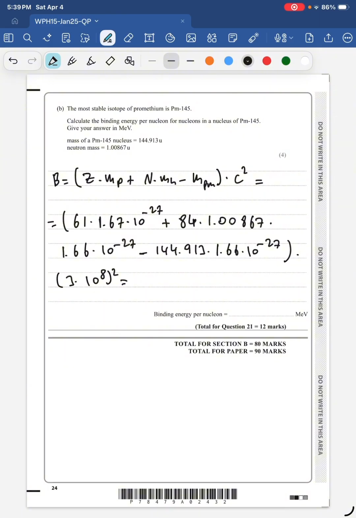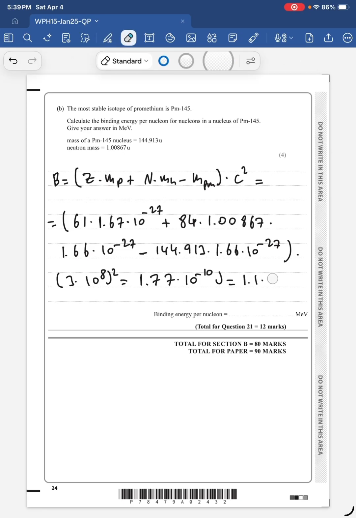And this yields 1.77 times 10 to the negative 10 joules. And if we divide by 1.6 times 10 to the negative 19, we will find the same energy in electron volts. So 1.1 times 10 to the 9 electron volts. Okay, so this is the binding energy.